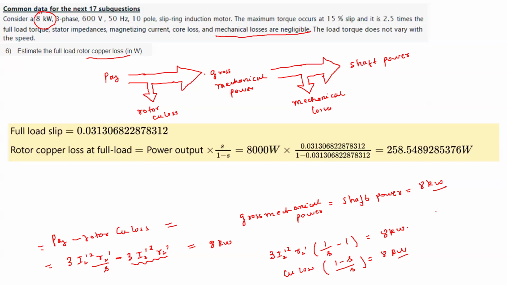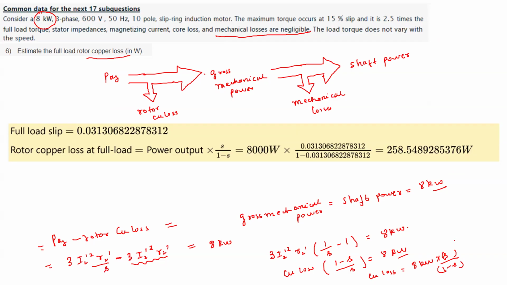So copper loss is equal to 8 kilowatt into S by (1 minus S). And they're asking you to find the full load copper loss.